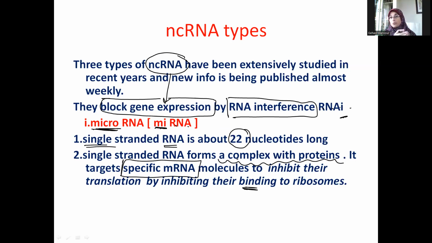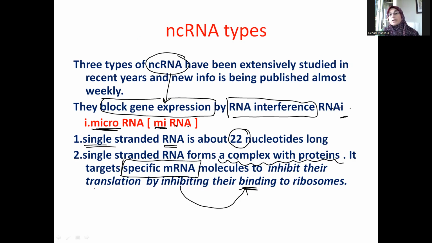So the microRNAs, the extremely short microRNAs, just like any non-coding RNA, will block the process of gene expression. How? The microRNAs inhibit binding of the specific messenger RNA that they target, because every microRNA has a specific target molecule of messenger RNA.